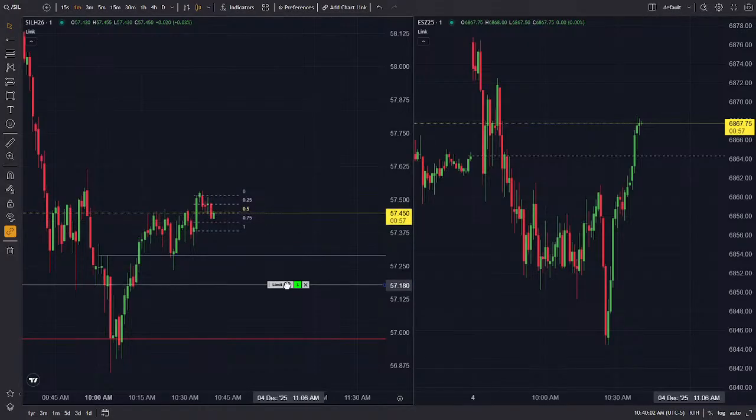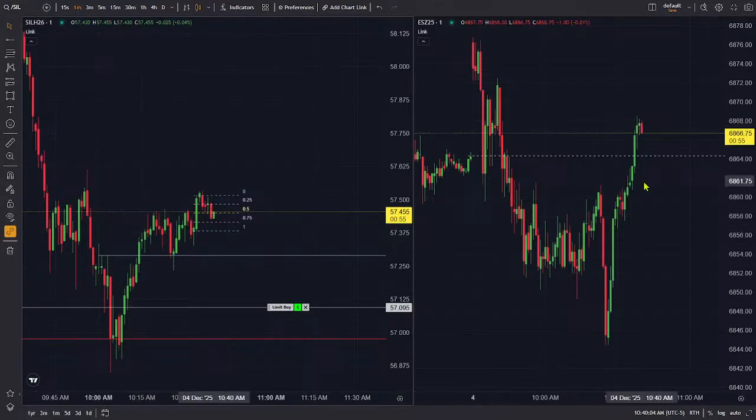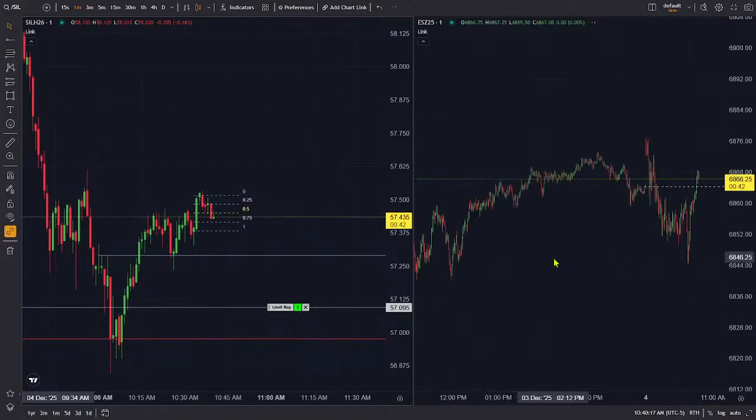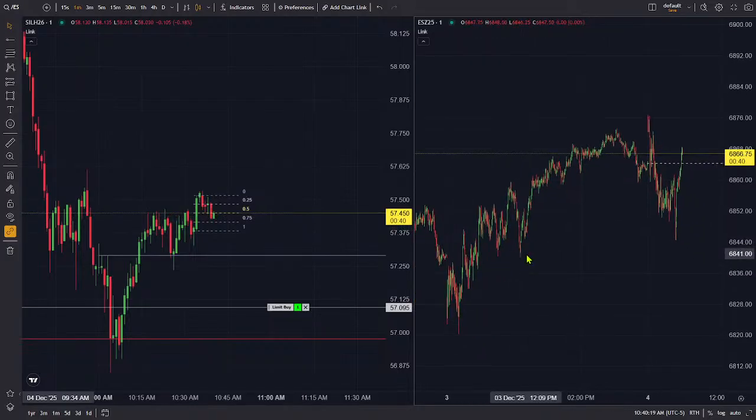I'm not going to get in there because this one needs to come down to here at least. In both cases, we left these. We took out that low over here. And silver's the only one I really like the level it took.